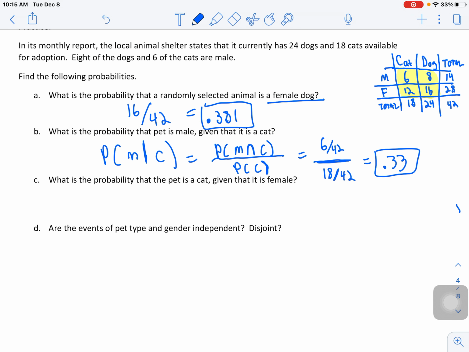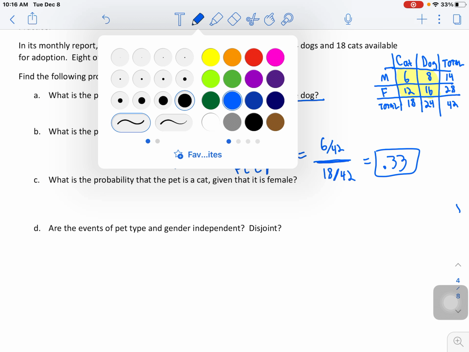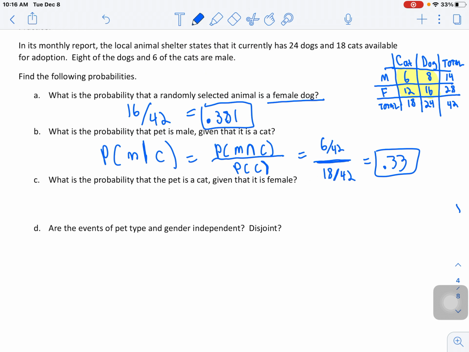All right, C, what's the probability that the pet is a cat given that it's a female? So, probability that it's a cat given that it's a female. Again, first look at the intersection, that's a cat and a female, and then you divide it by the probability of being a female.